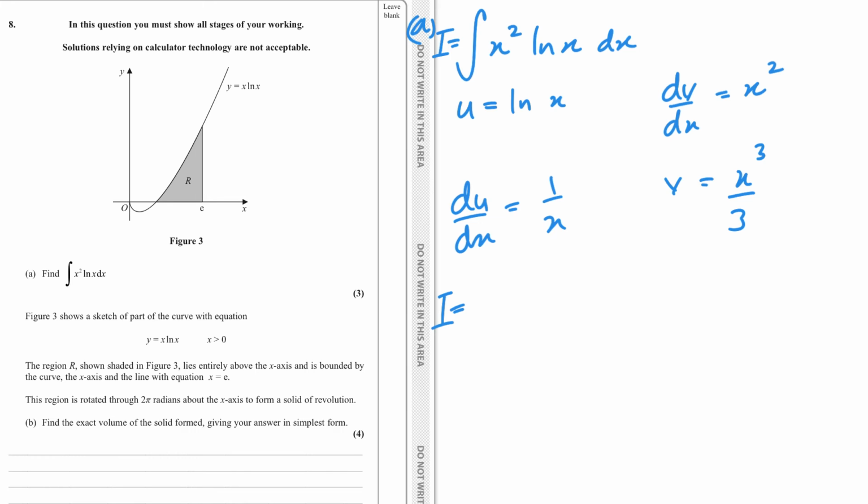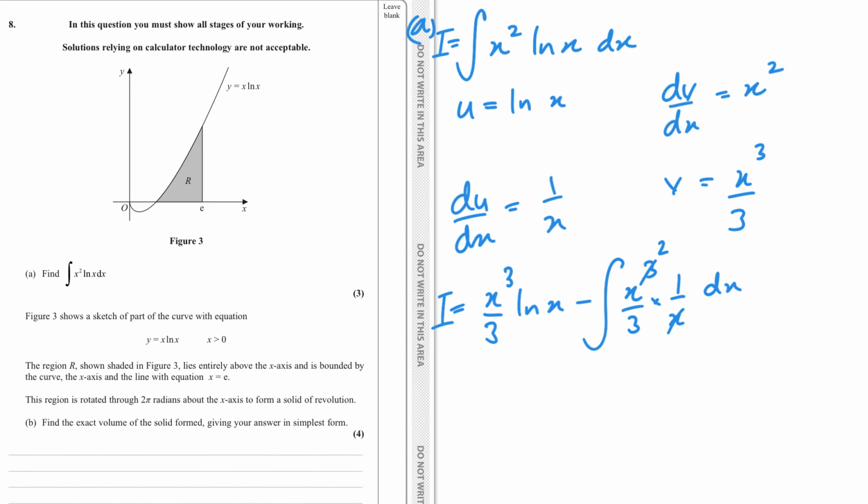And this is u times v, so that is x cubed over 3 ln x minus, and it's v times du by dx, so x cubed over 3 times 1 over x dx.